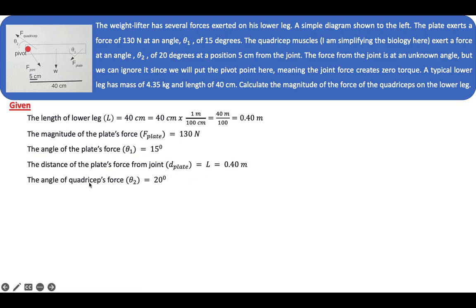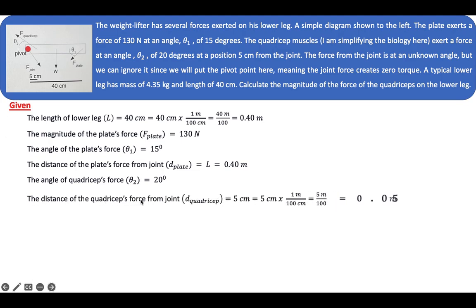The angle of the quadricep force θ2 equals 20 degrees. And the distance of the quadriceps force from the joint equals 5 centimeters, and then we convert to meters, we get 0.05 meters. This is from the pivot to the quadricep force.